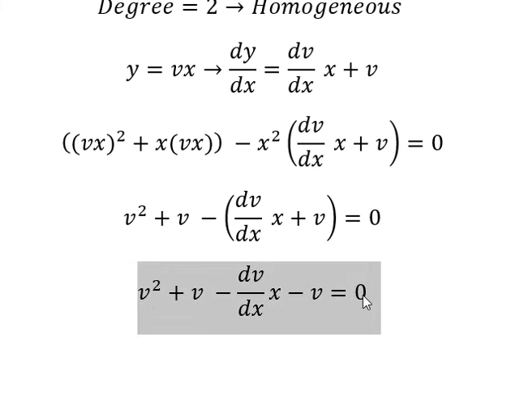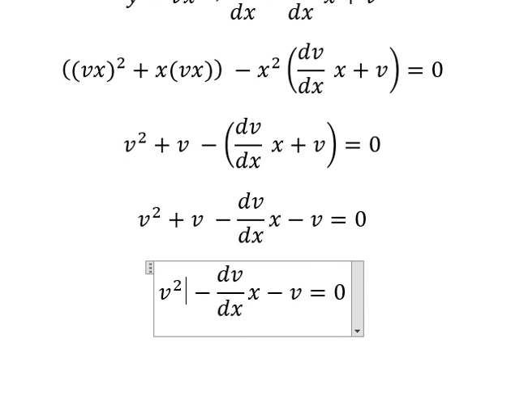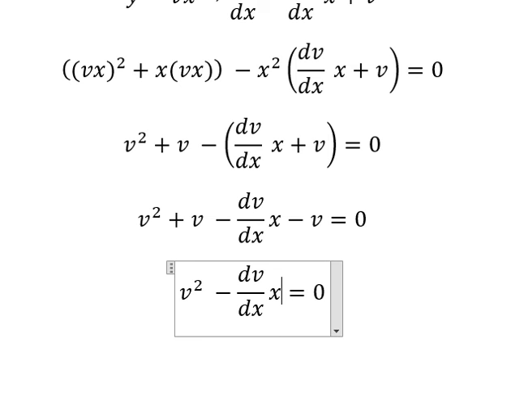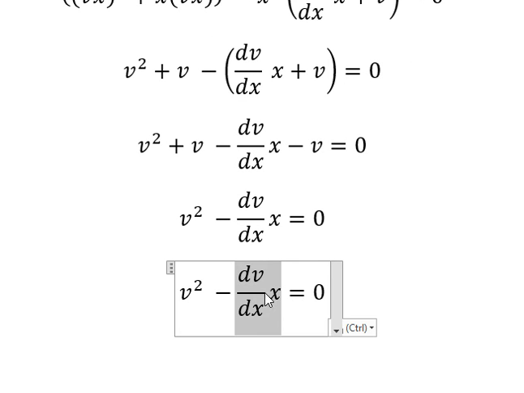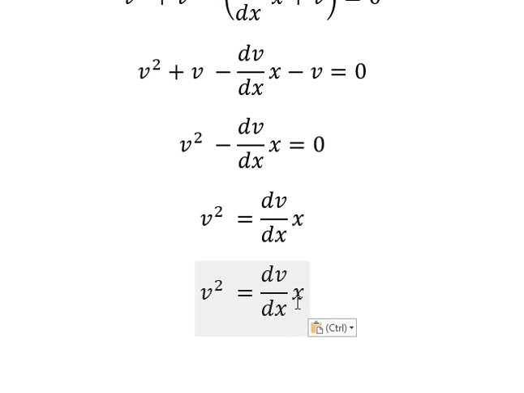Next, v minus v we cancel. So I will put this one go to the right. So the x and x we put on the left, v squared we put on the right.